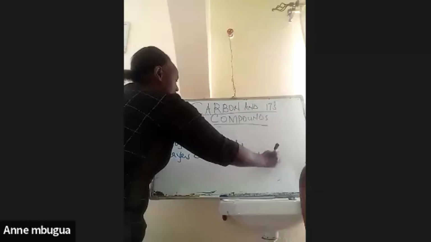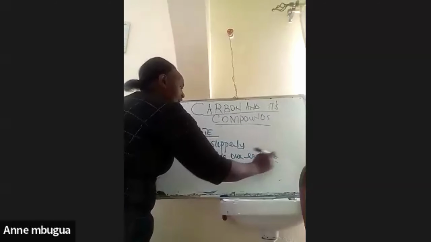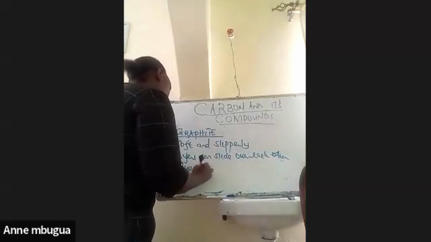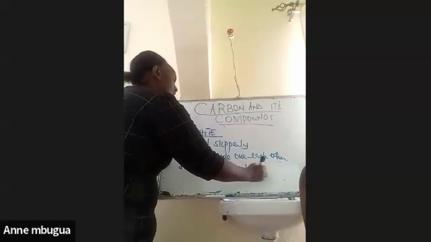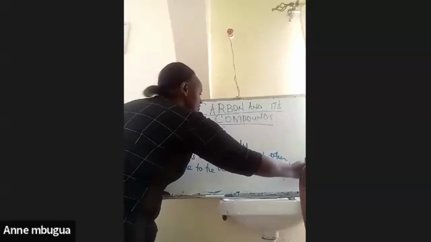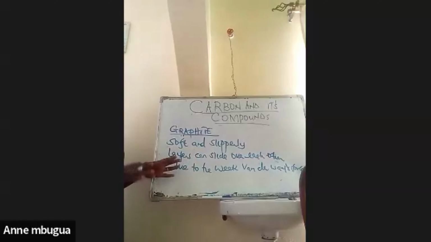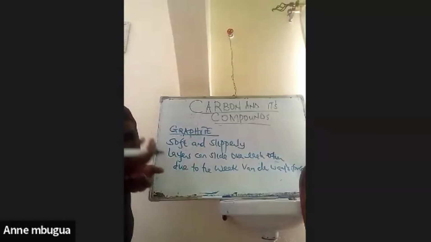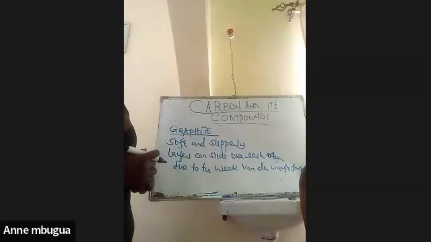The layers can slide over each other due to the weak van der Waals forces. From the diagram, you've seen that the hexagonal layers are held together by the weak van der Waals forces of attraction.